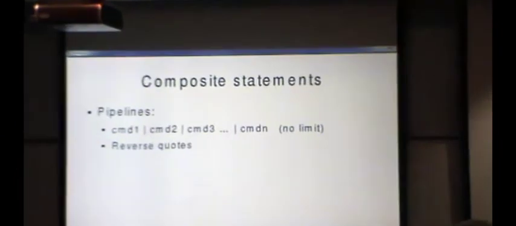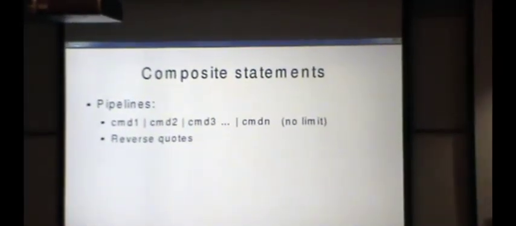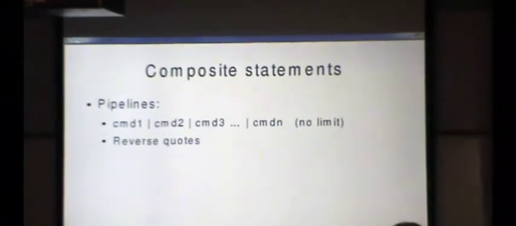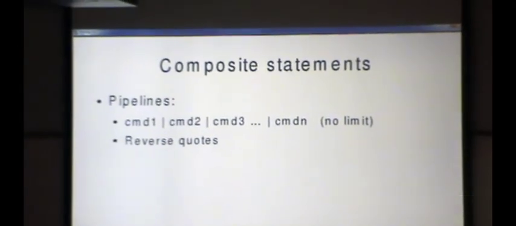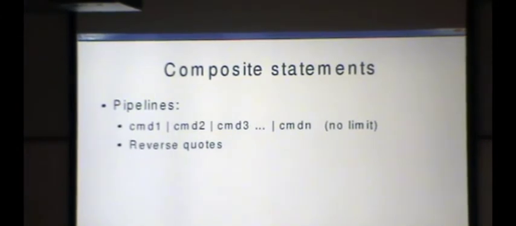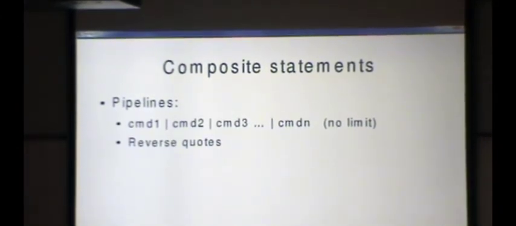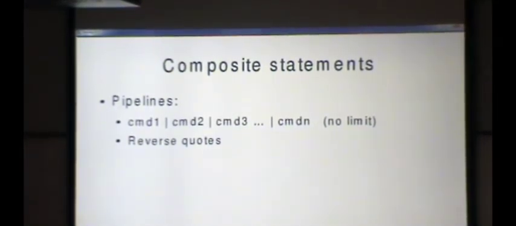Composite statements, pipelines. Okay. The vertical bar can be used to represent a pipe. So I can type command, pipe, command, pipe, command, pipe, command. The idea in Unix is that every command takes some input, does something to it, and sends it as output.